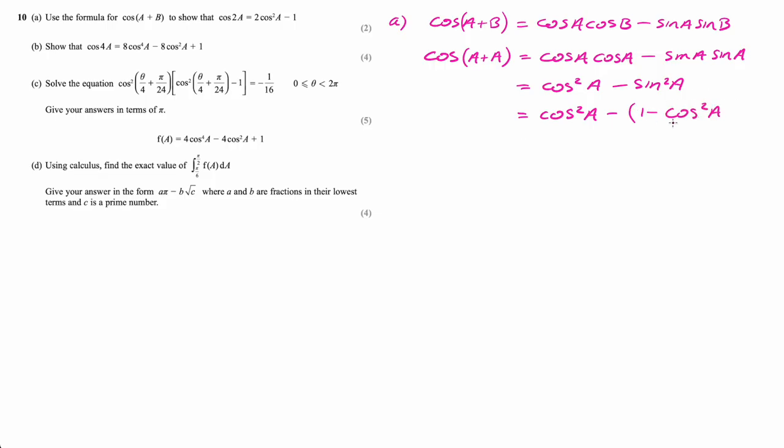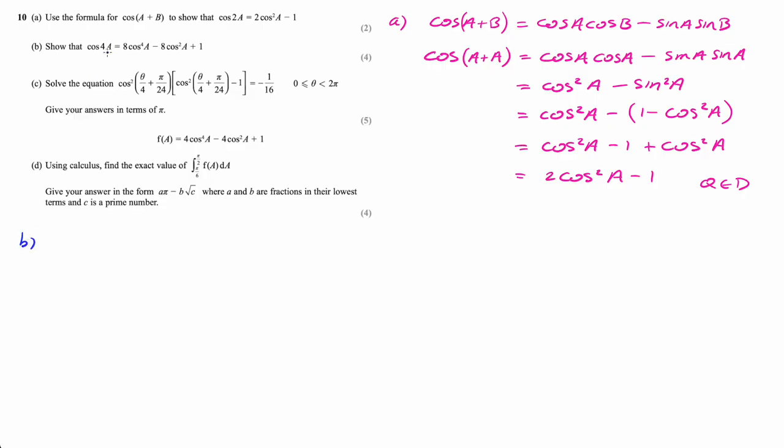That's from the Pythagorean identity. And then that equals cos squared a minus 1 plus cos squared a, which equals 2 cos squared a minus 1, QED. Okay, guys, I only meant to write the first line in pink there, if you're wondering why I'm writing everything in pink. Okay, that is part A. Okay, part B.